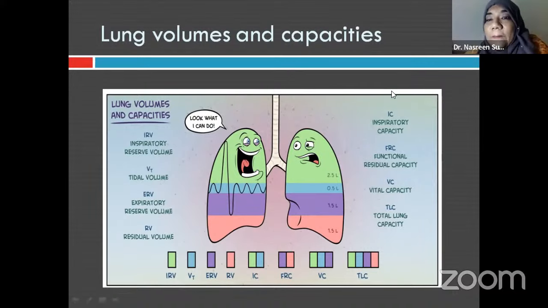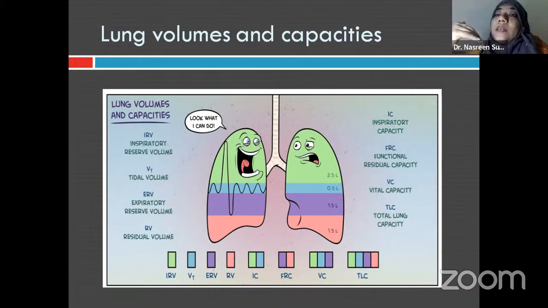Now coming to the right side, inspiratory capacity. Inspiratory capacity is a sum of IRV and tidal volume. You can see here what colors are mixed: green and light blue. So during inspiration, both normal and deep, how much amount of air is entering.